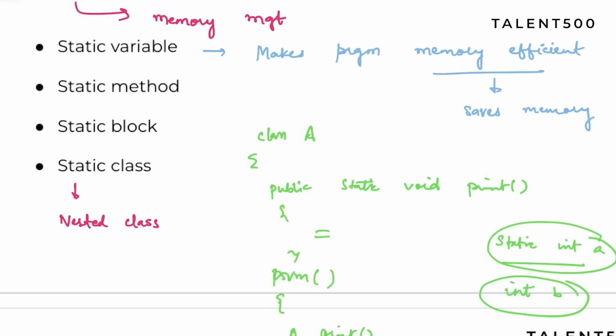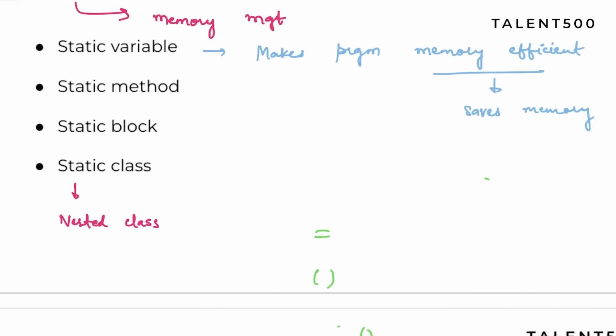Also, this gives rise to one more question, and what is that? You must have known about your main method, so people will ask you questions like, why is the Java main method static?